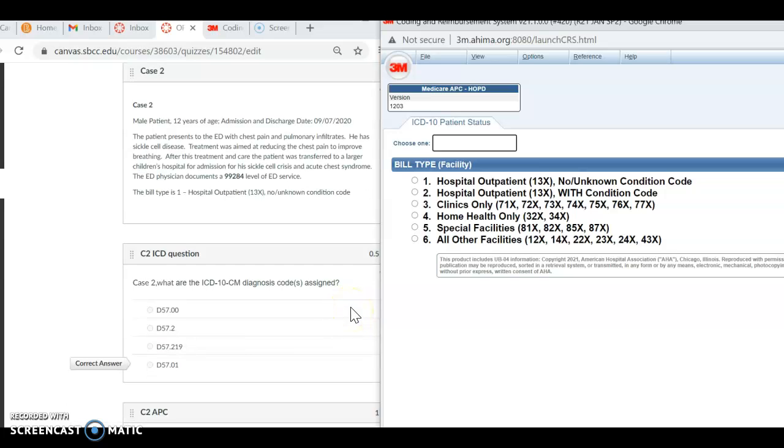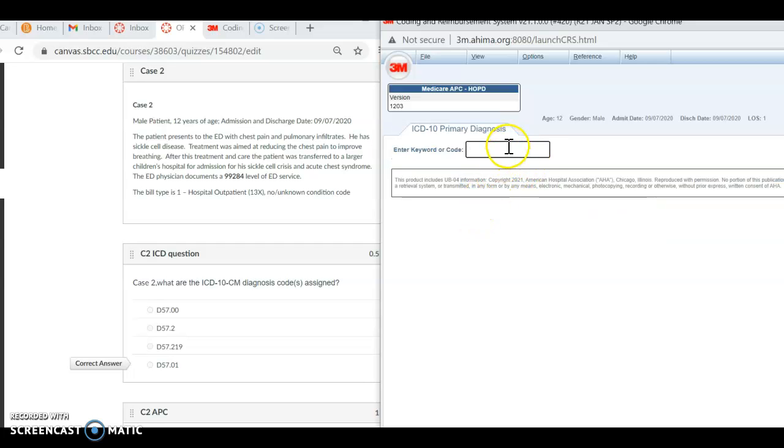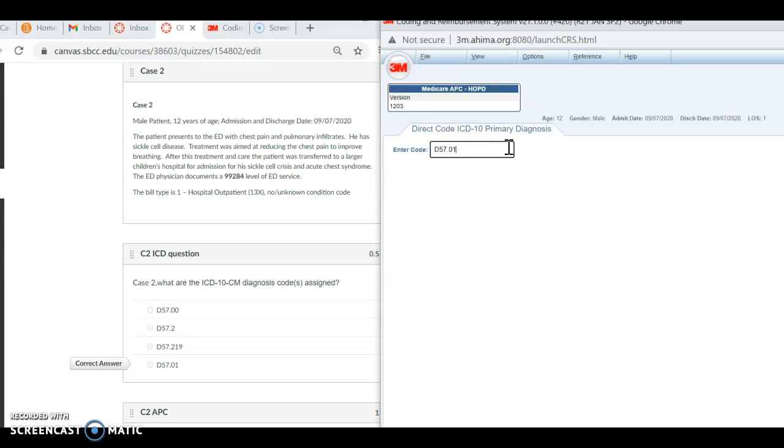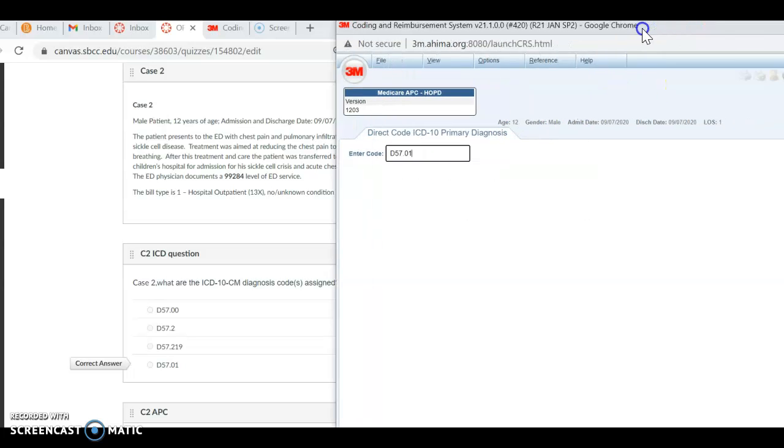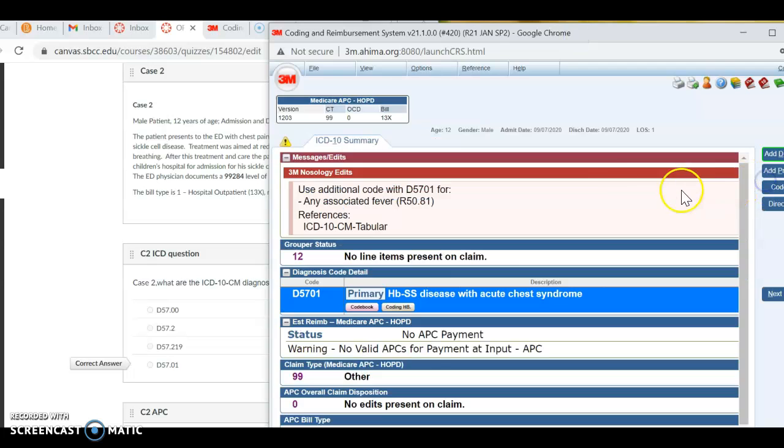Okay, so we're going to look at the diagnosis code. We know that the emergency department's a 99284. So right here, bill type, I'm going to click number 1 again. I'm going to go ahead and put in my D57.01. That is going to be my sickle cell disease with acute chest syndrome.